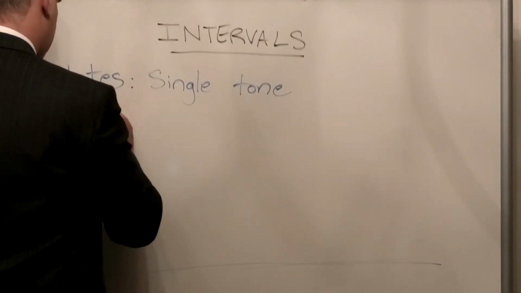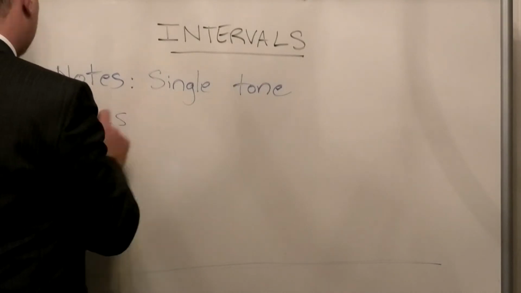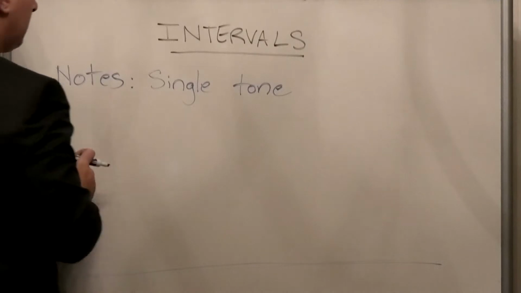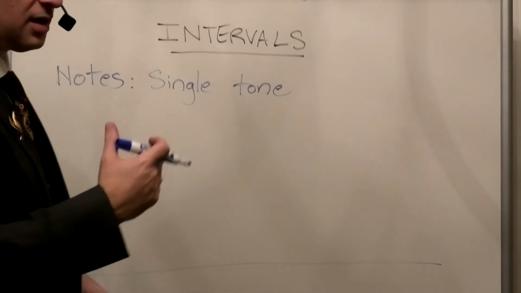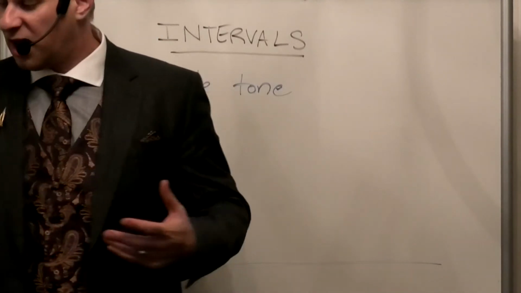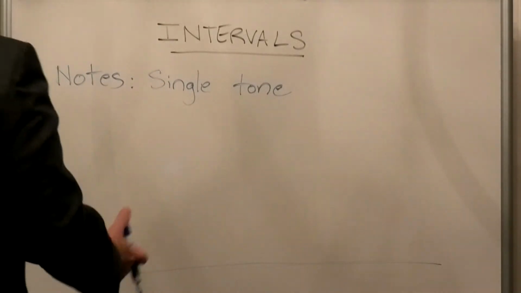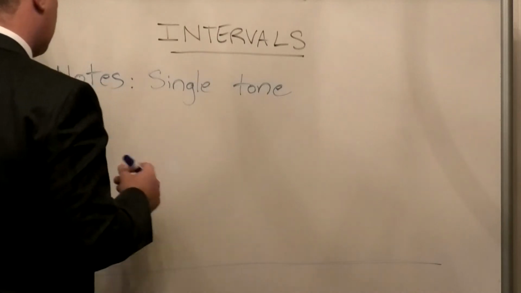If you replace the T and the N in the word notes, you get tones. And that's the same thing. We think of tones as something that you can bend, more like pitch, as opposed to the notes which are fixed pitch. So if we talk about a violin, then we'll talk about tone as opposed to a piano or a guitar, which would be notes.